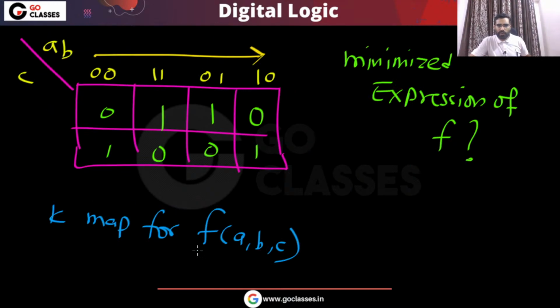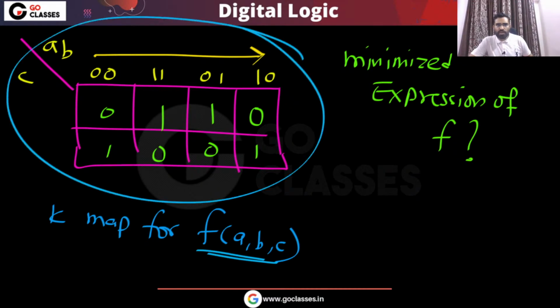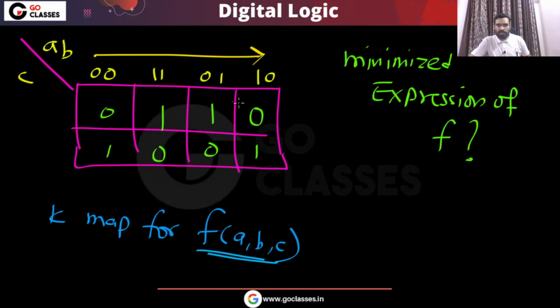So this is the k-map for function f(a, b, c), and we have to find the minimized expression of f. But remember, this k-map is not in the standard format. First, notice what information you can find from this k-map. We can find the value of the function for all the combinations of a, b, c.